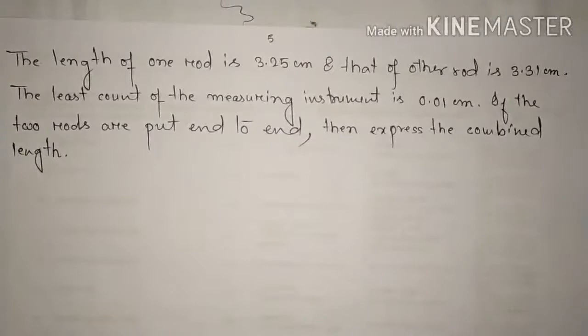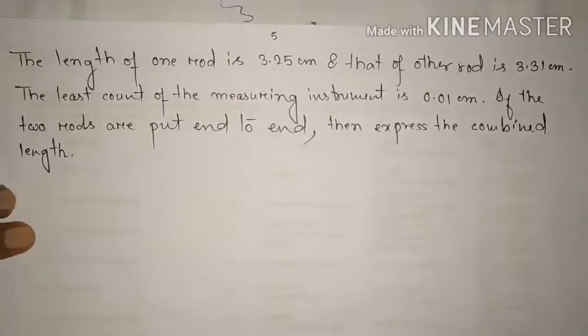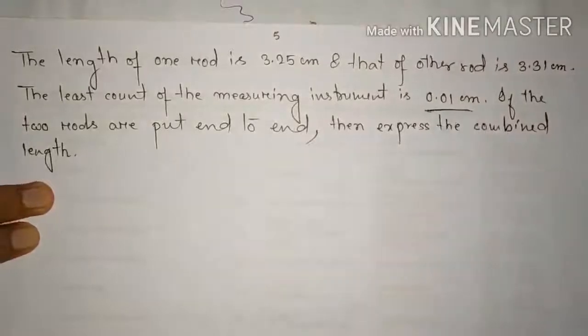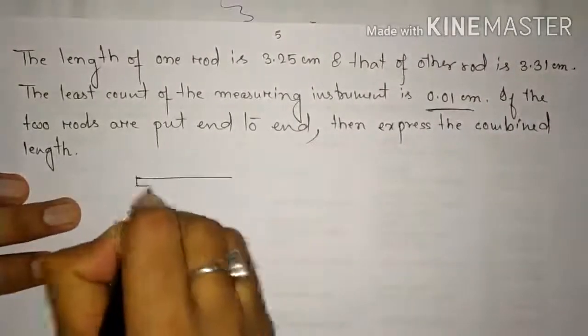The problem is that the length of one rod is 3.25 centimeter and that of the other rod is 3.31 centimeter. That means there are two rods. The least count of the measuring instrument is 0.01 centimeter.